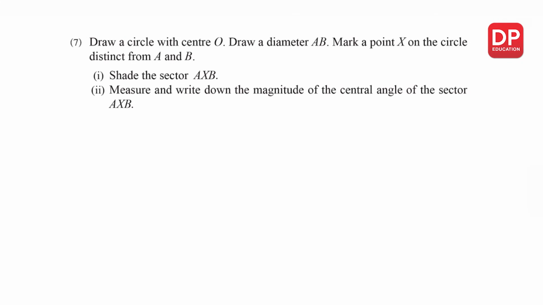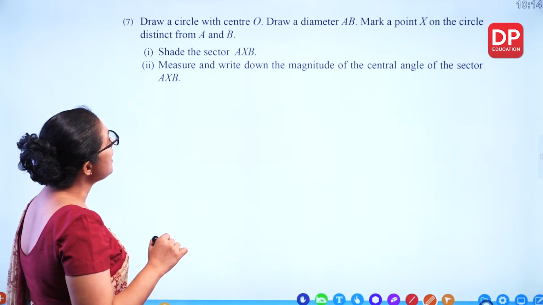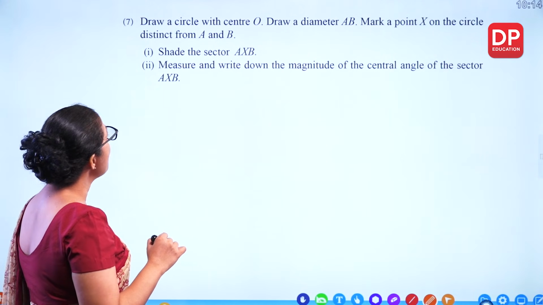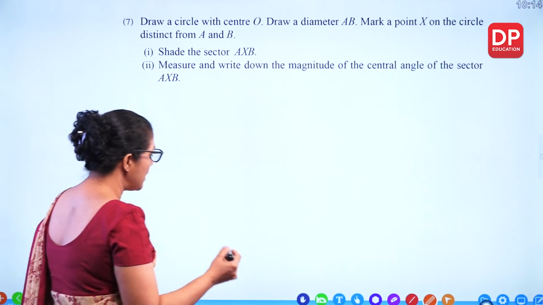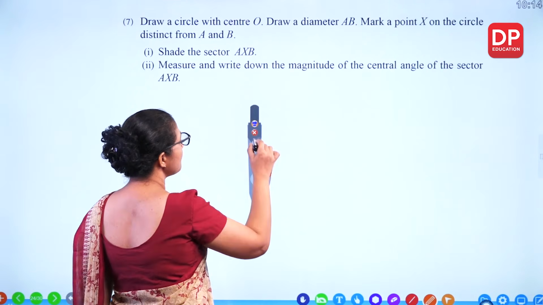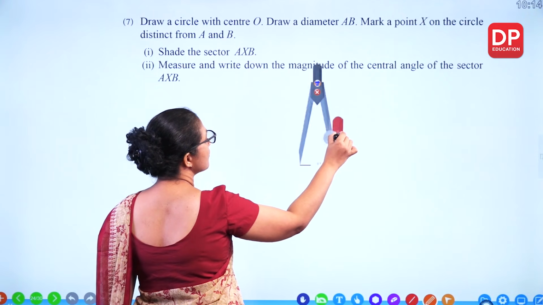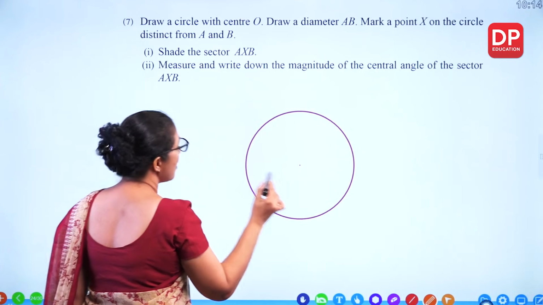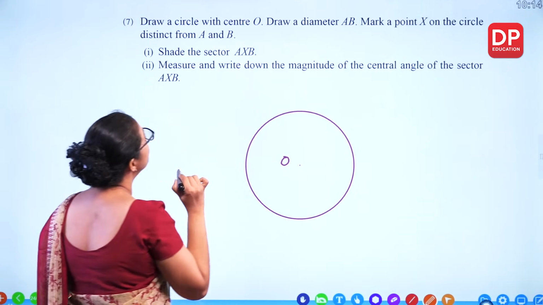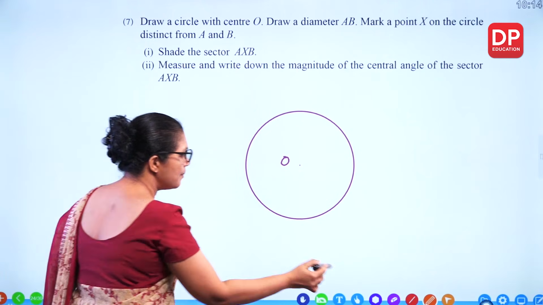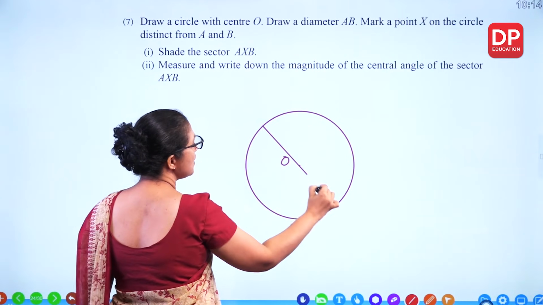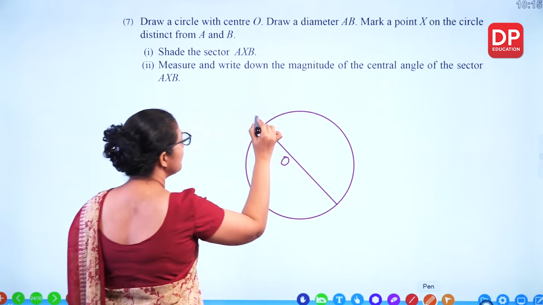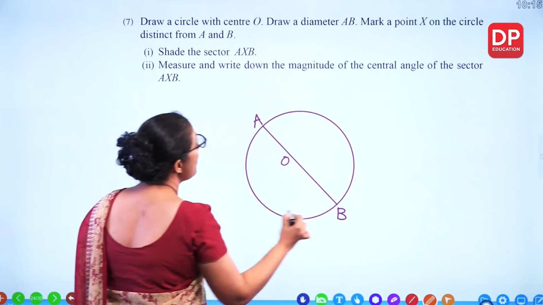Draw a circle with center O. Draw a diameter AB. Mark a point X on the circle distinct from A and B. So draw any circle. Mark the center O. Draw a diameter AB. That means the line passes through the center. AB, that's the diameter.